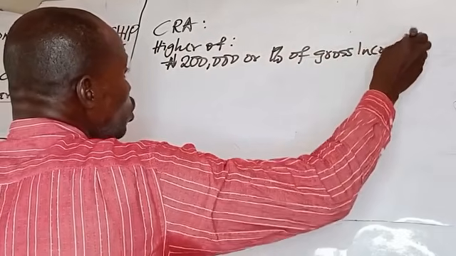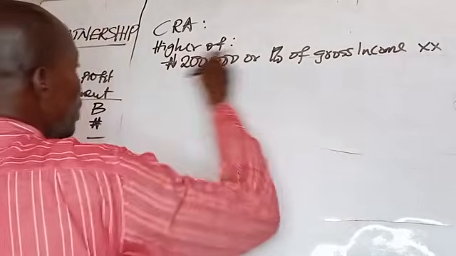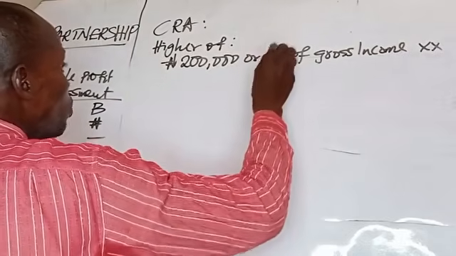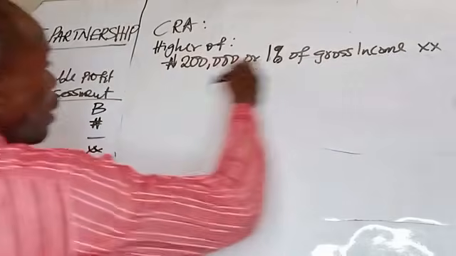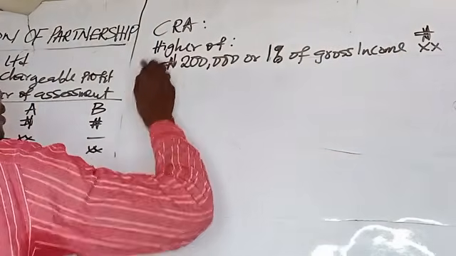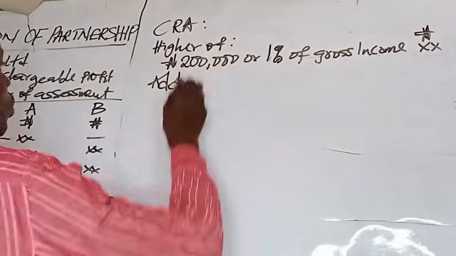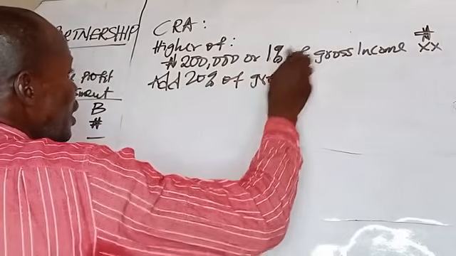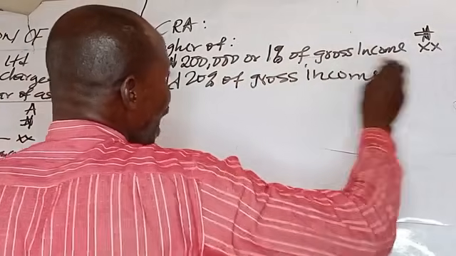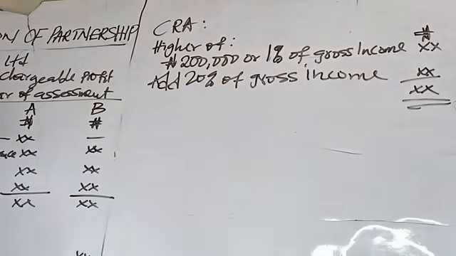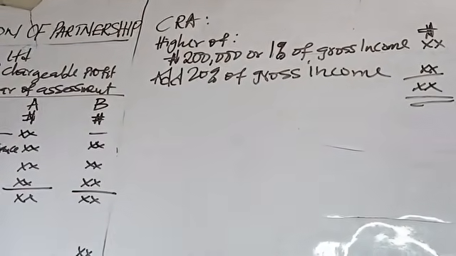You choose the higher of these two. 1% of gross income, you compare it with 200,000, whichever one is the higher, you pick that. Now add 20% of gross income. If you add 20% of gross income, you arrive at your CRA, consolidated relief allowance.